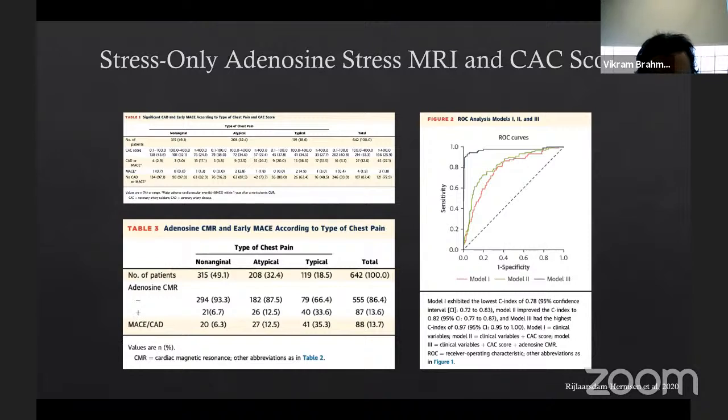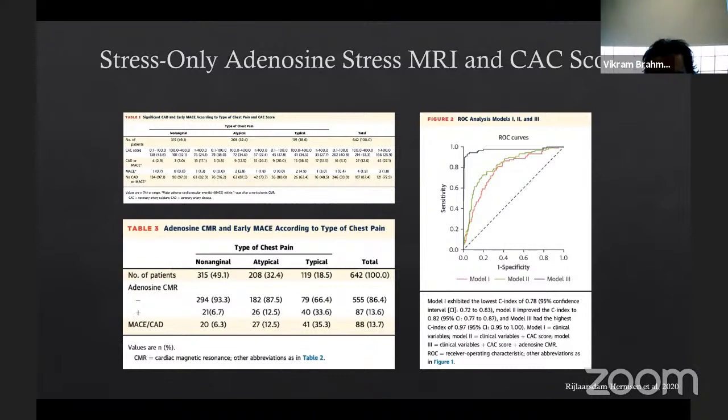There's minimal radiation, there's no contrast, and it's a very quick test. So their objective here was to assess if stress MRI after calcium scoring improved the diagnostic yield of invasive angiography in patients with stable chest pain, and also to establish an association between the degree of calcification and myocardial ischemia.